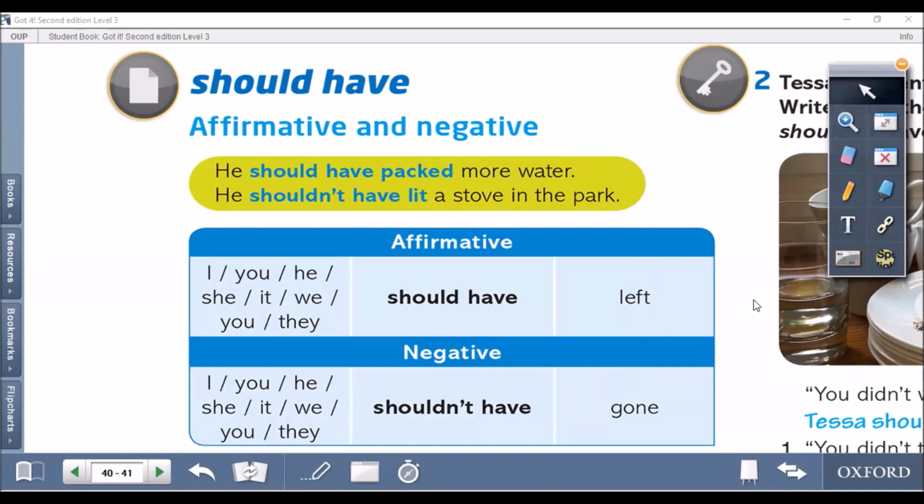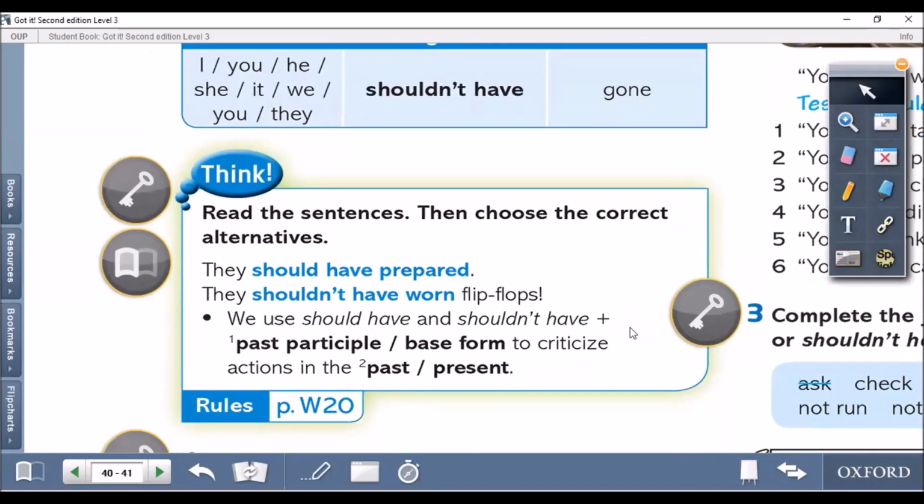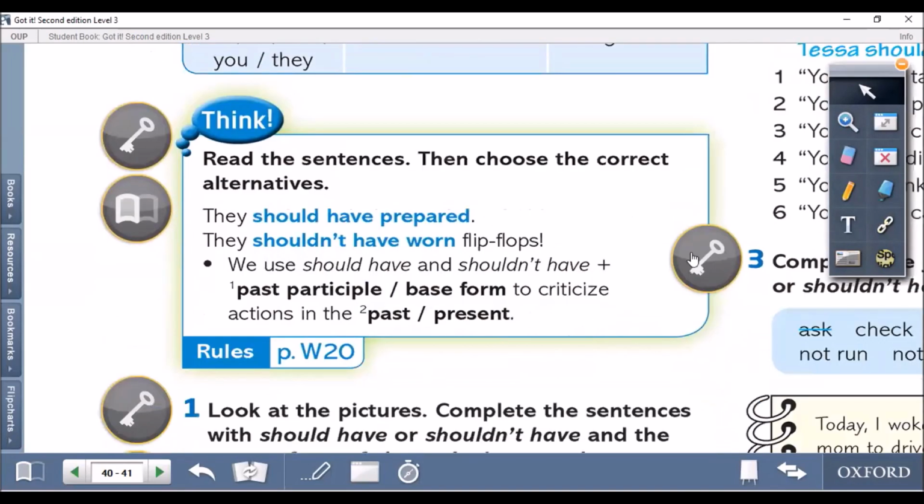Now look at your books in page 41. Here you have the explanation for should have, and you have a sentence, okay? It says, read the sentences, then choose the correct alternatives. You have 2 examples.